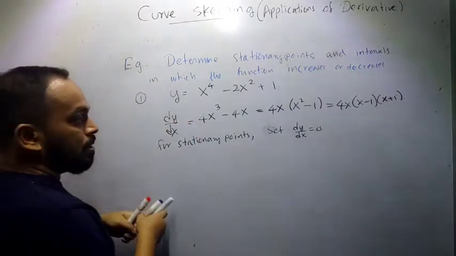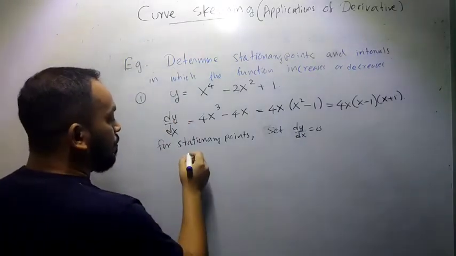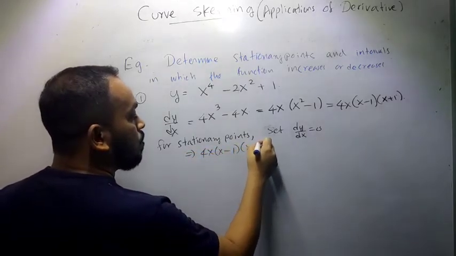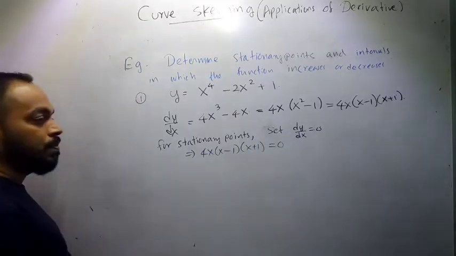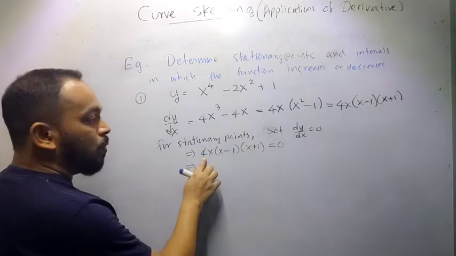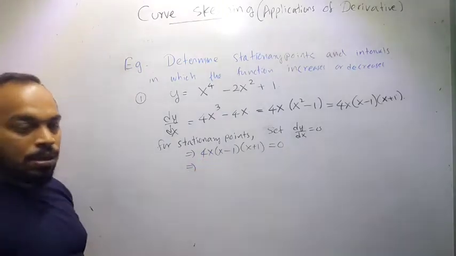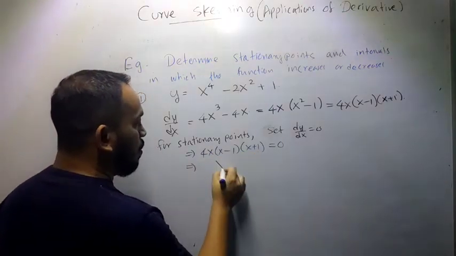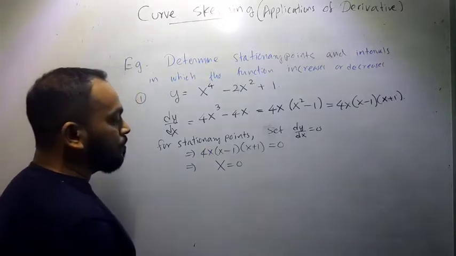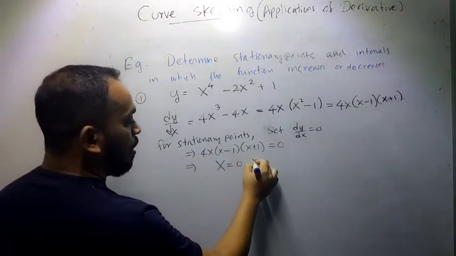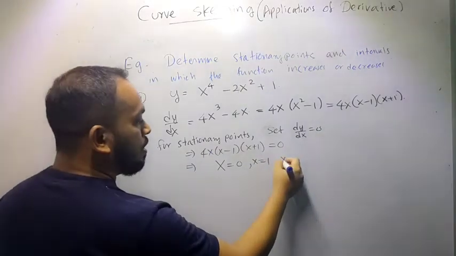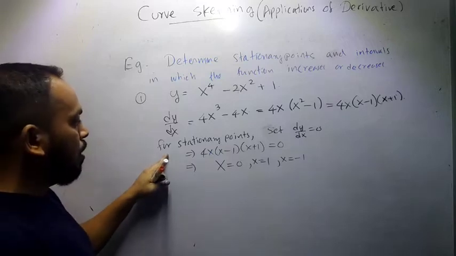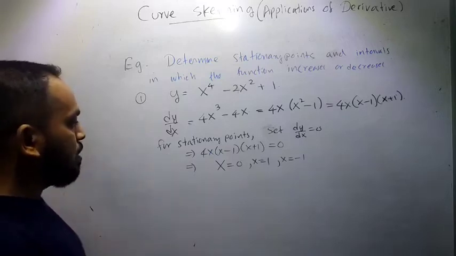So this implies 4x, x minus 1, x plus 1 equals 0. So what does that imply? Now 4 is a constant, you can just get rid of this constant, it doesn't matter. So we have a product of 3 factors equal to 0. It could only mean x equals 0, or x equals 1, or x equals minus 1.